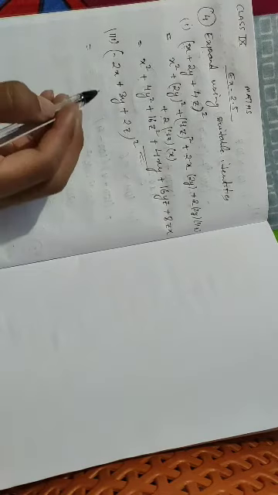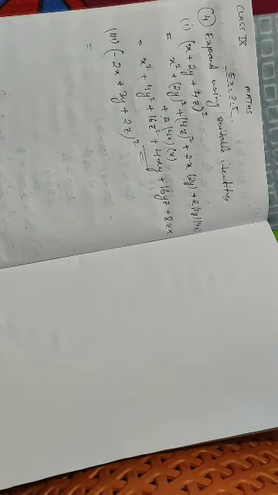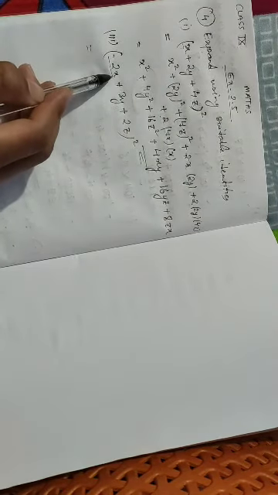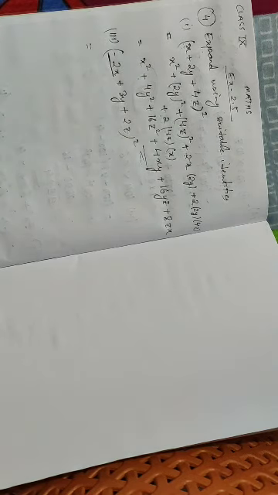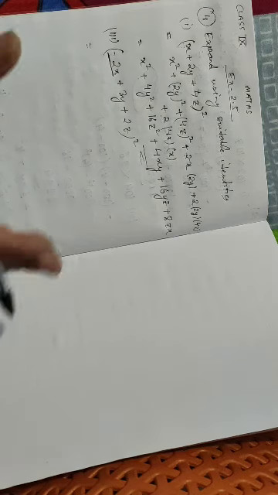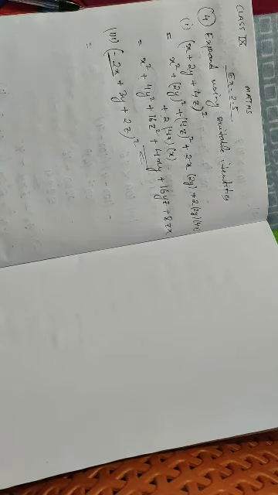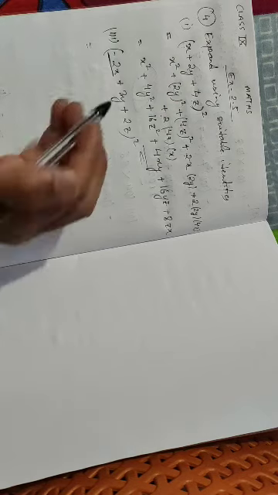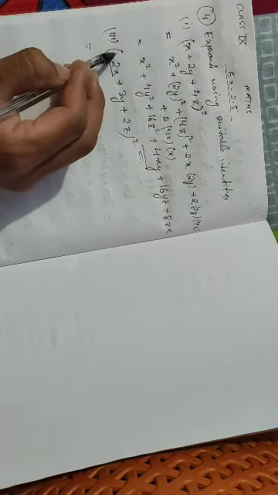Now what is a here? a is minus 2x, not only 2x. Because in the identity a plus b plus c, the signs of a, b, c should all be plus, so to make the sign plus here, we take the sign along with the term.